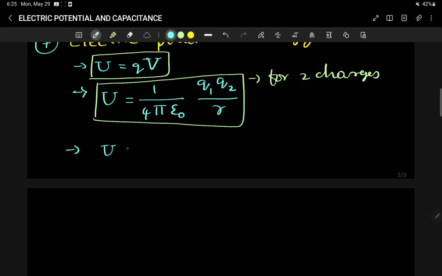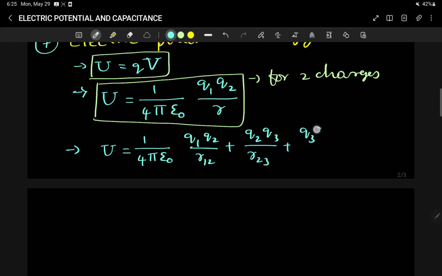U is equal to 1 over 4 pi epsilon naught times Q1 Q2 by R12, where R12 is the distance between the first charge and second charge, then second charge and third charge divided by R23, plus third charge and first charge divided by R31.